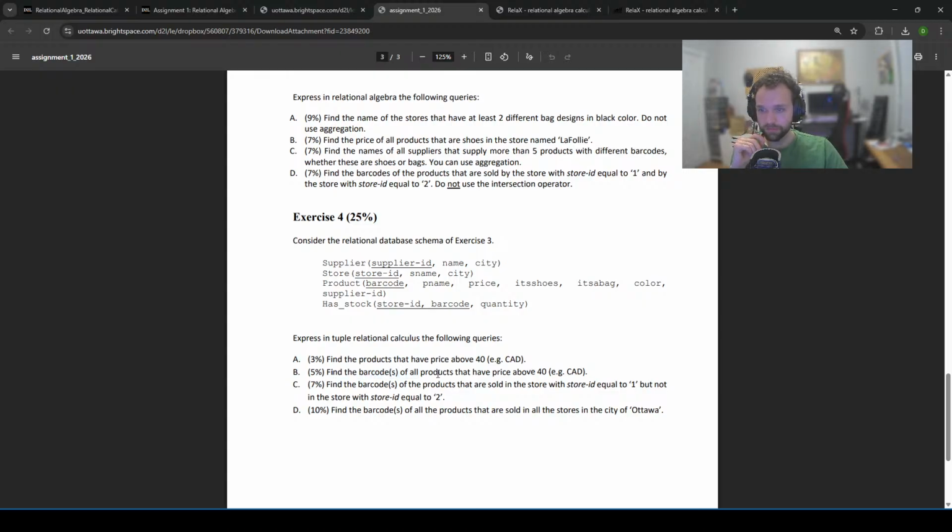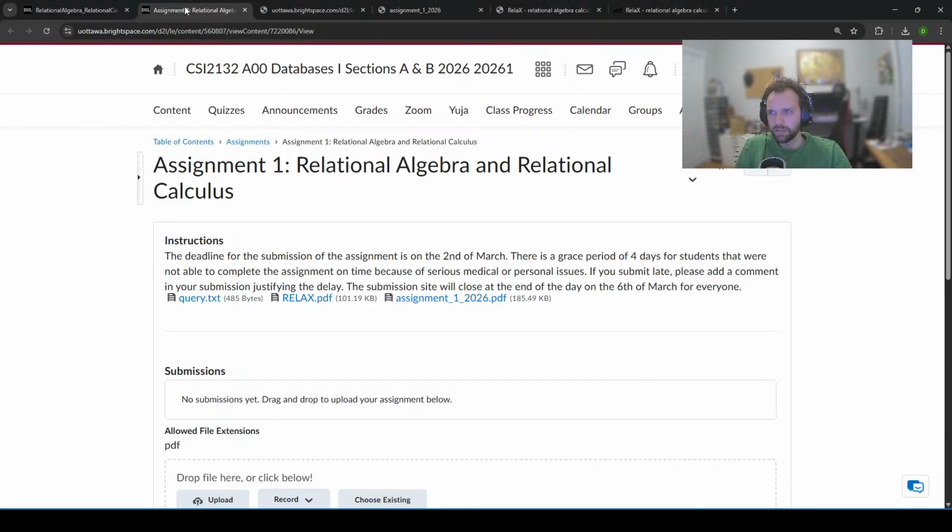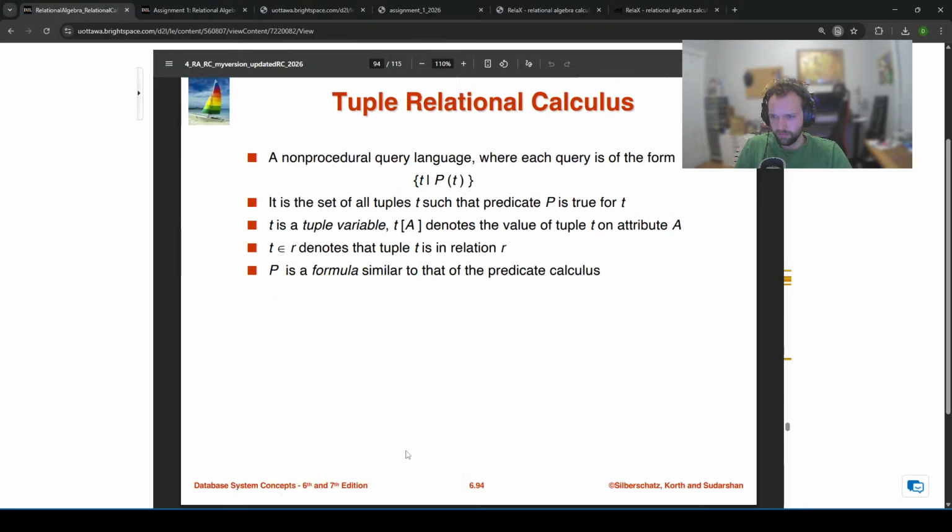Find the product, find the barcodes. Price above. Tuple relational calculus. Well, I guess I gotta figure this out.